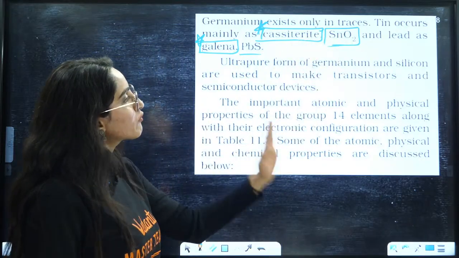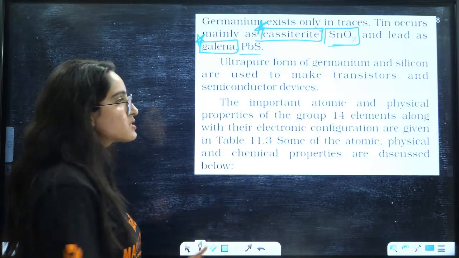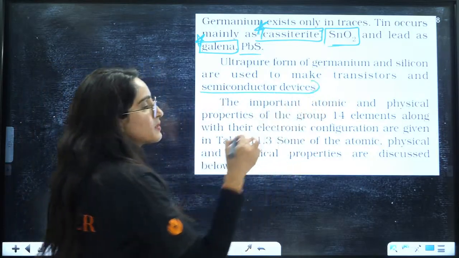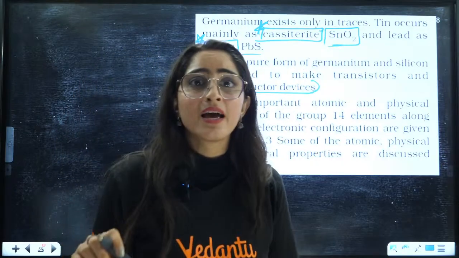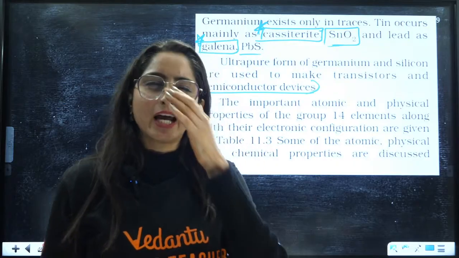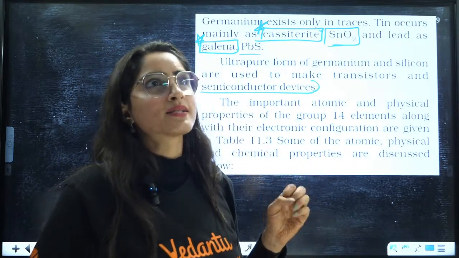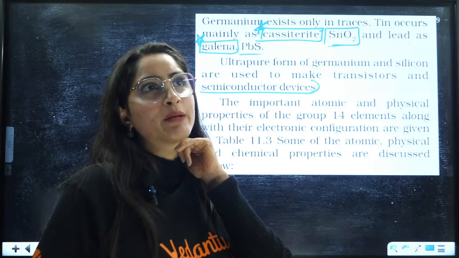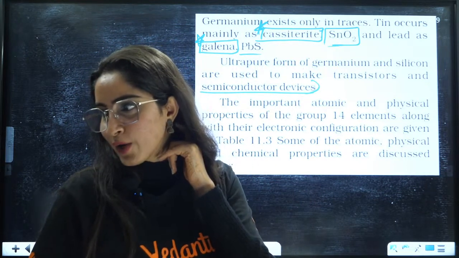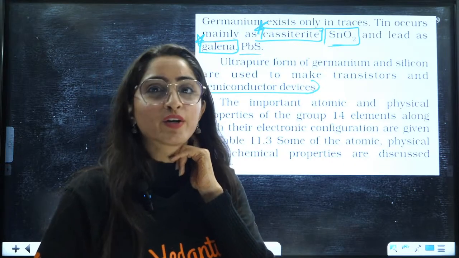Ultra pure forms of germanium and silicon are used to make transistors and semiconductors. I think Shreya sir must have taught you semiconductors, N-type, P-type diodes. I don't remember that much physics, but yes, something like N-type, P-type, right? Semiconductors was one of my favorite topics.